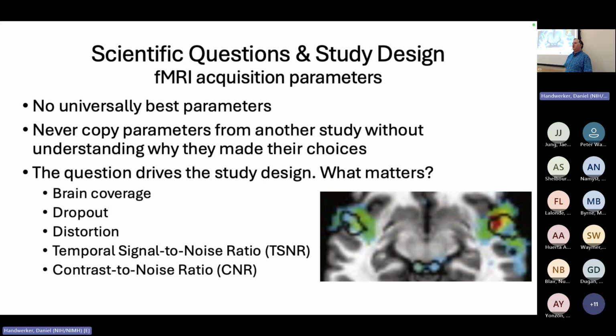We can also measure TSNR in brains, with the acknowledgement that some variation actually is what we care about and some isn't, but it's still a valid measure. If you put the same person in the scanner and scan them with two parameter sets and TSNR is bigger on one than the other, it's reasonable to assume that you're measuring something meaningful. Contrast to noise is a bit of a shift on TSNR.